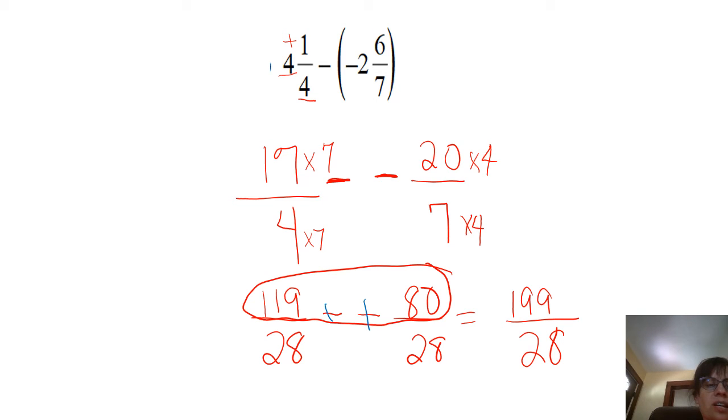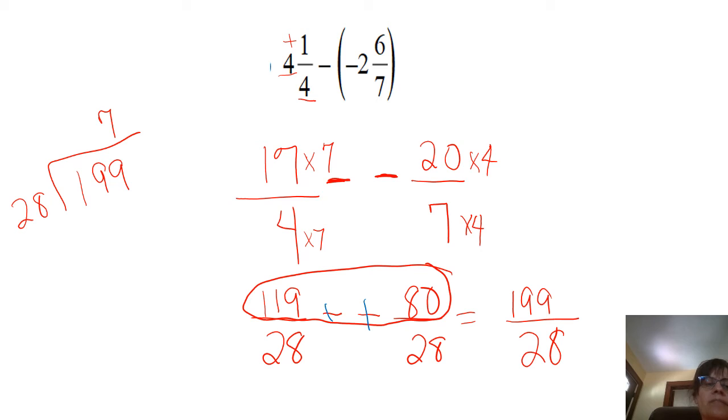I have to think, what is 199 divided by 28? So I'm going to think, well, 30 would go into 200 at least 6 times, but there'd be quite a bit left over. I'm going to go ahead and try 7 instead of 6 because my gut tells me it's going to be 7.